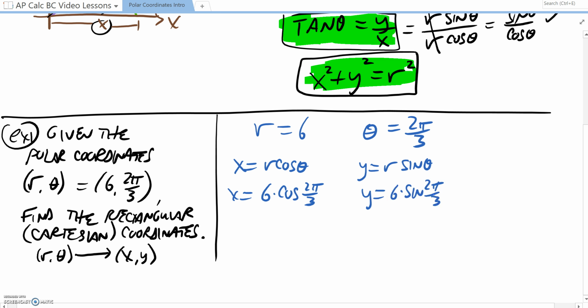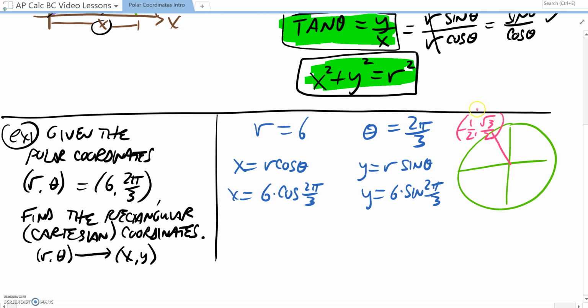So this will rely on you knowing your unit circle. So hopefully it's not too much of a stretch to find out 2 pi over 3 has a negative 1/2 and a radical 3 over 2. Don't get them backwards, of course. First one's the cosine, second one's the sine. So let's see what this turns out to be.